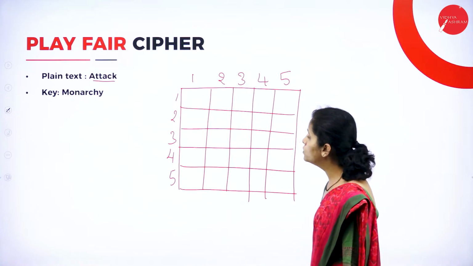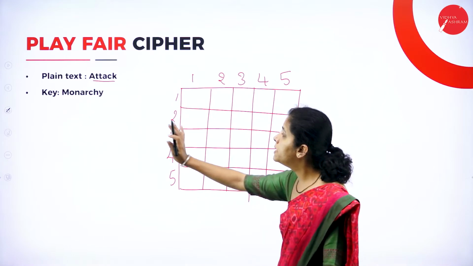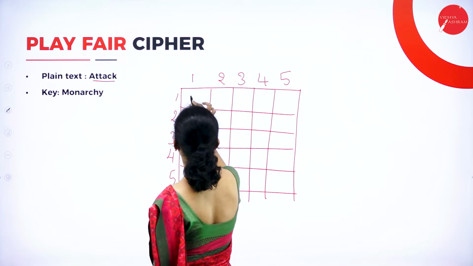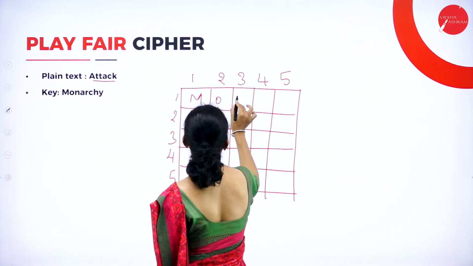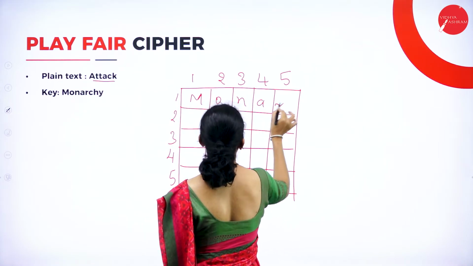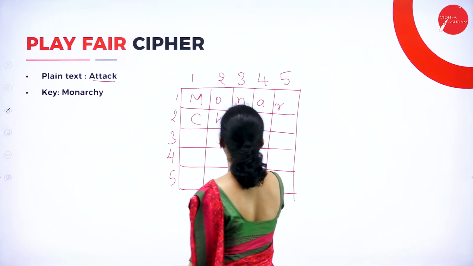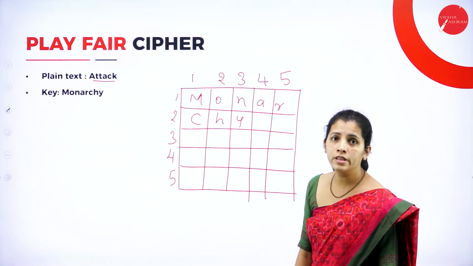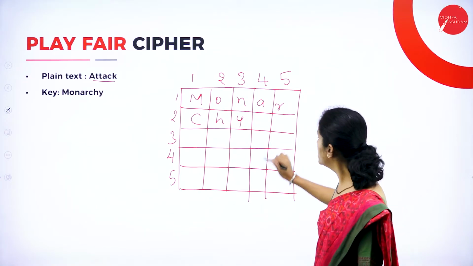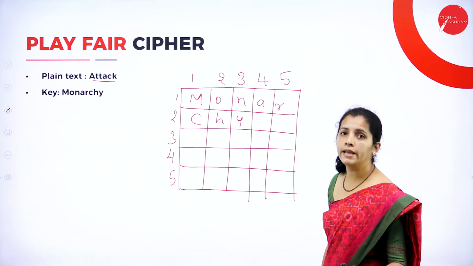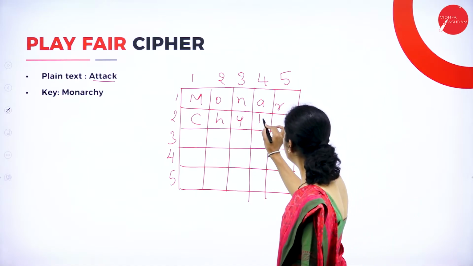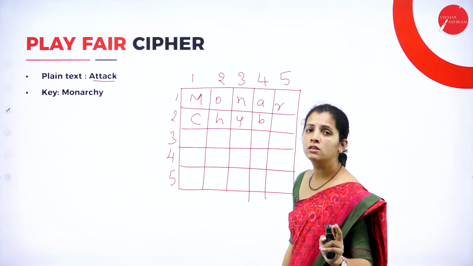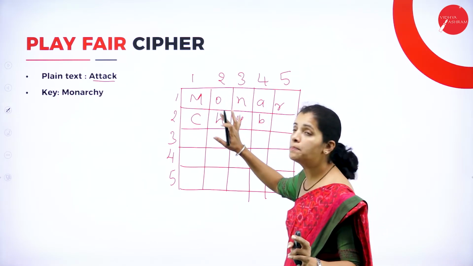Now what I want to do? I want to place the key first. So what is key? That is monarchy. Okay. Now I want to fill the rest of the alphabet. So here A is present, so I won't write A. Then I'll write B. C is present, so I won't write C because I cannot repeat the same letters.